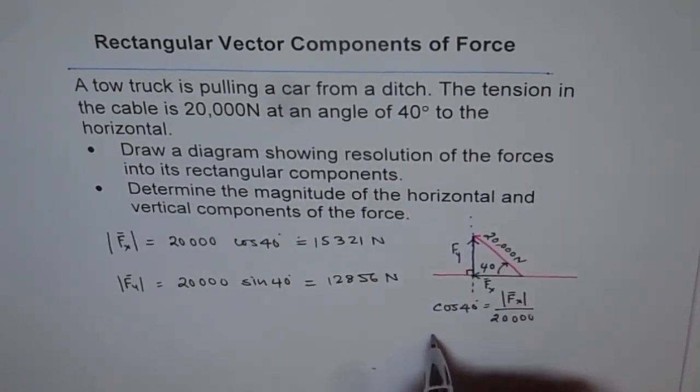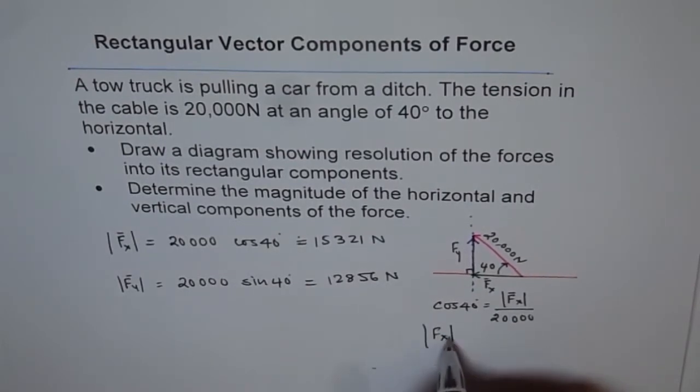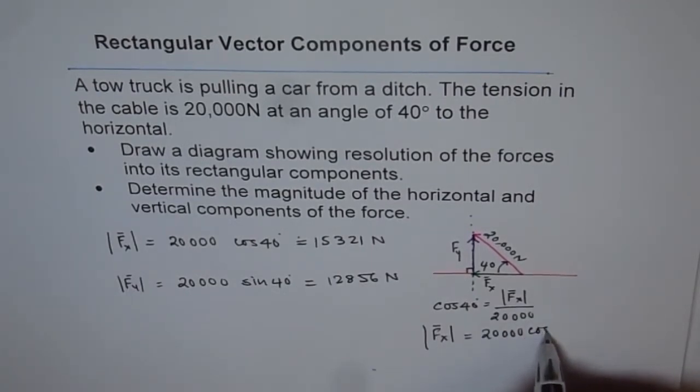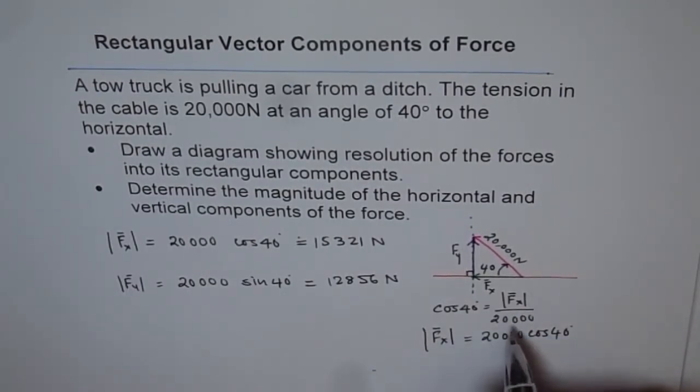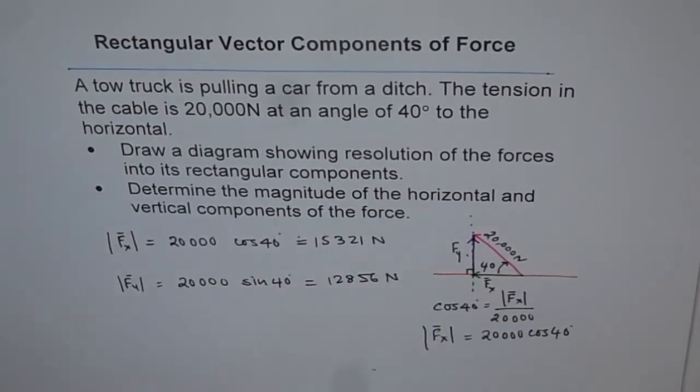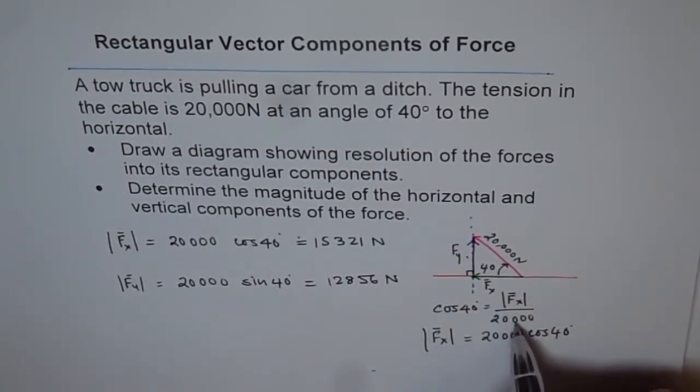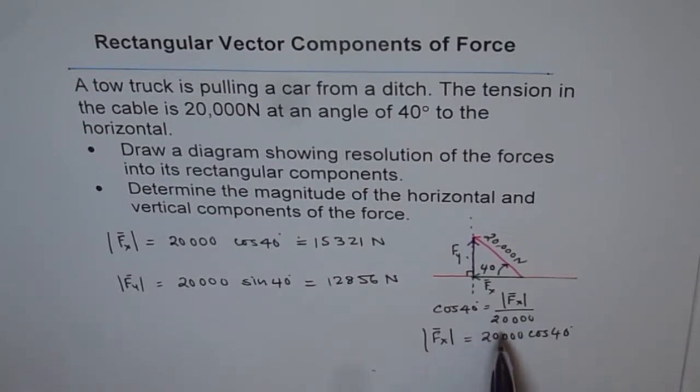So from here, the magnitude of Fx is equal to 20,000 times cos of 40 degrees. And same thing we can do for Fy, right? So sine of 40 degrees will be Fy over 20,000. So Fy will be 20,000 times sine of 40 degrees, right? So that is how you get your components, right?